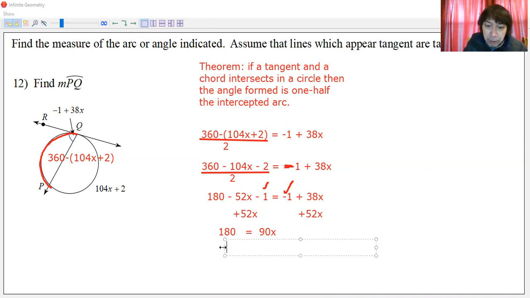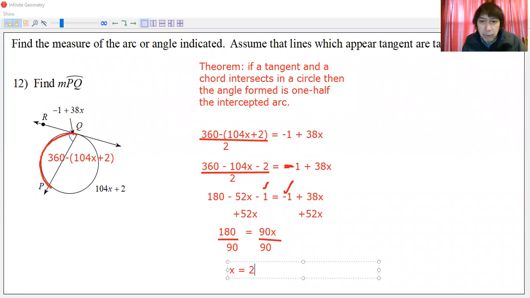We divide this by 90 and divide this by 90, and we find our x. So x is equal to 2. So we got our x.